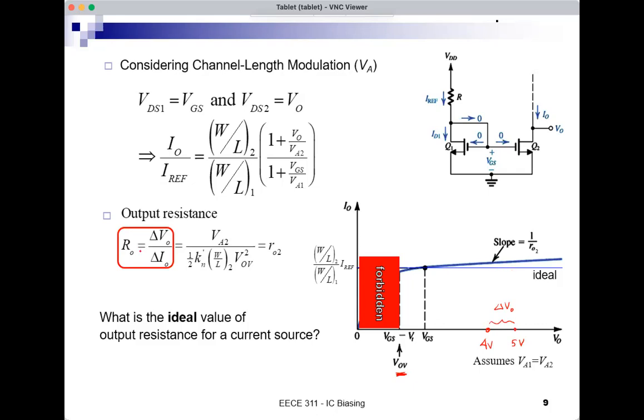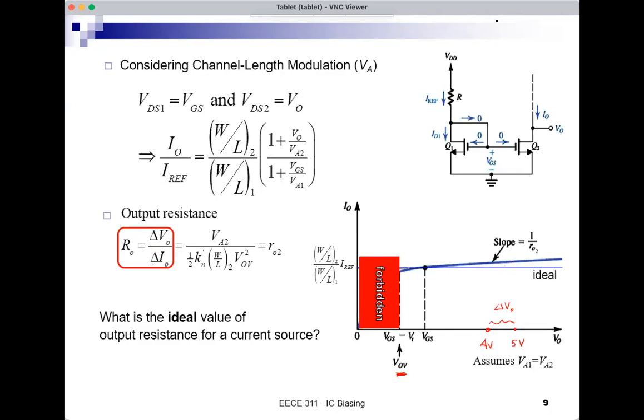So what would be the output resistance? 1 volt over 0, and therefore infinity. And this is the ideal case. Output resistance is infinite. However, for the real case, if VO increases from 4 volt to 5 volt, then the output current would increase a bit by a small delta IO. This delta IO is the increase in current from this point to this point.